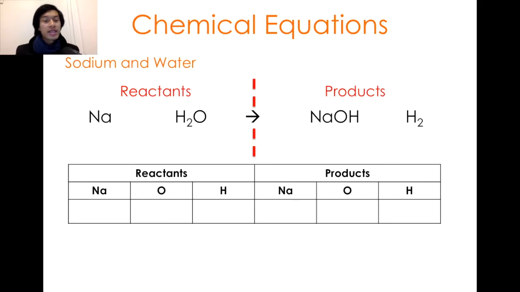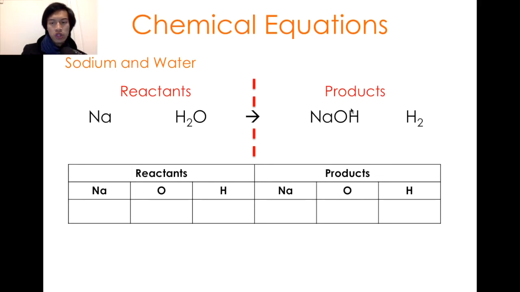Now, what I tend to do is create a little table showing the total number of atoms on each side. I split it in the middle, all the reactants on this side and all the products on this side. What you've got here is the total number of sodium, the total number of hydrogen, and the total number of oxygen on each side.